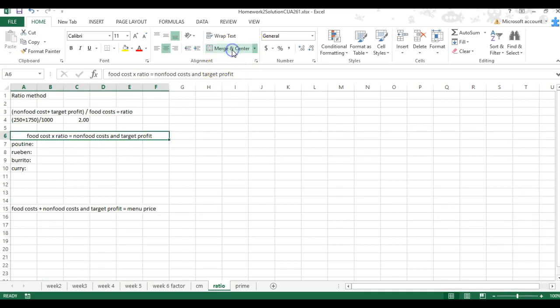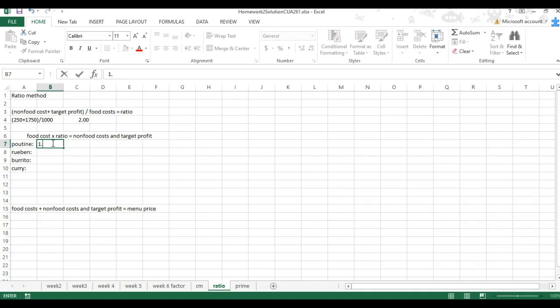Merge and center. That's good enough. All right, so food cost. So we already know that, 1.8. And the ratio is 2. So let's go ahead, put in the formula, equals here times here, enter.